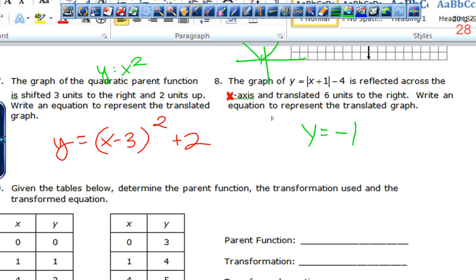So I'm actually going to be subtracting 6. So if I move this over 6 units, now what value is it at? 5, right? So it's going to be x minus 5. And then did I move it up or down after they gave me this equation? No. So what should that number be on the outside of the absolute value? Minus 4. Didn't change a thing. Stays the same.